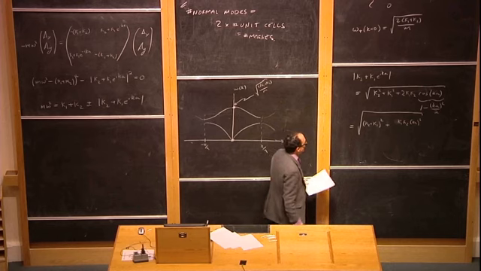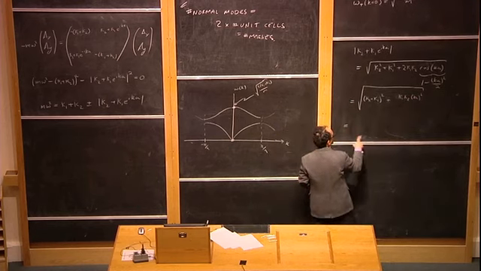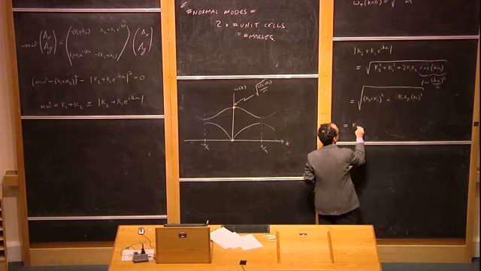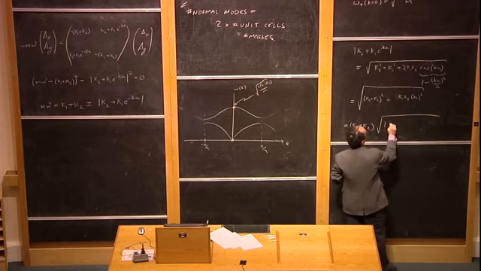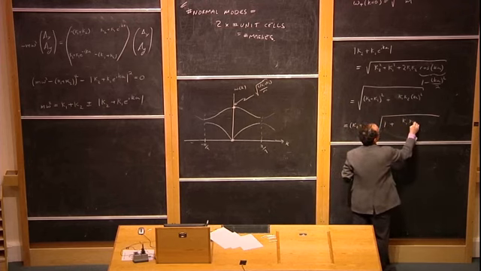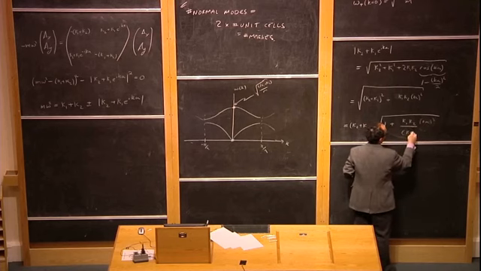Then this conveniently factors out to give kappa 2 plus kappa 1 times the square root of 1 minus kappa 1 kappa 2 ka squared over (kappa 1 plus kappa 2) squared.